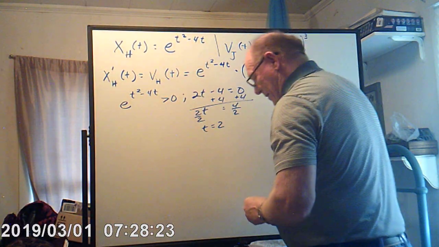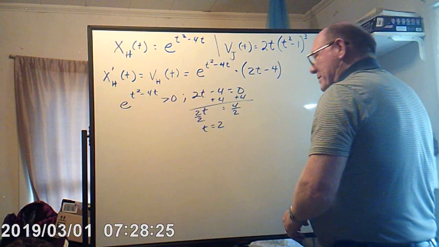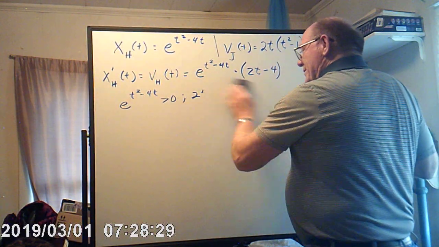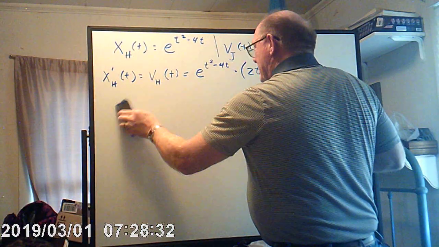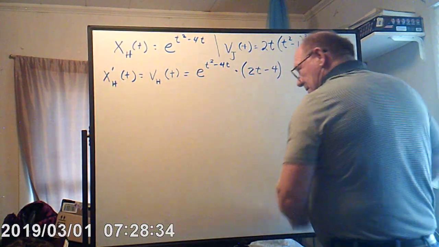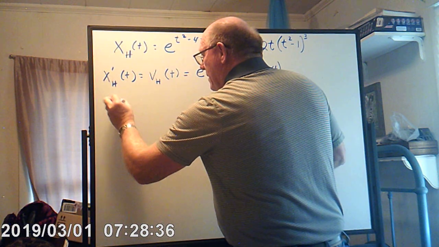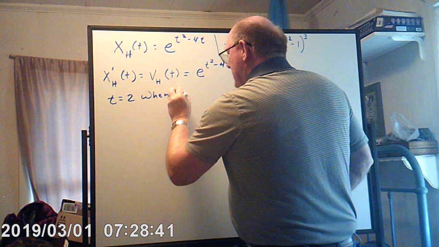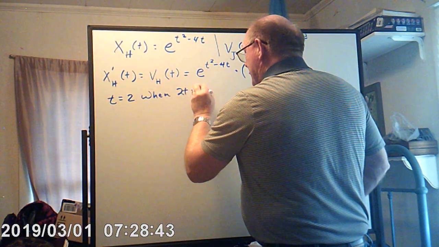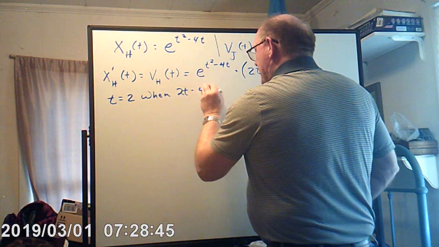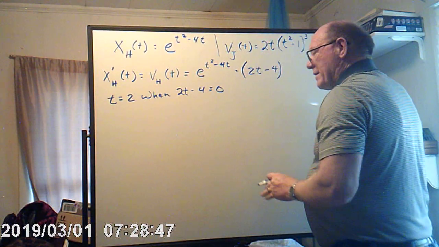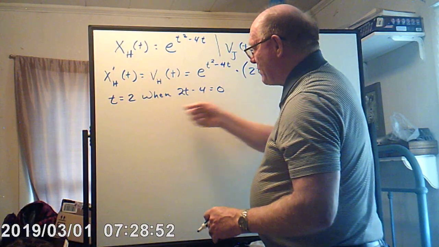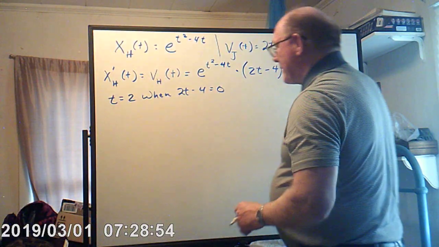Alright, so let's set it up. Remember our open interval is from 0 to 5. We know that t is equal to 2 when 2t minus 4 is equal to 0. Okay. I hope you can just see the answer without doing this work too much.